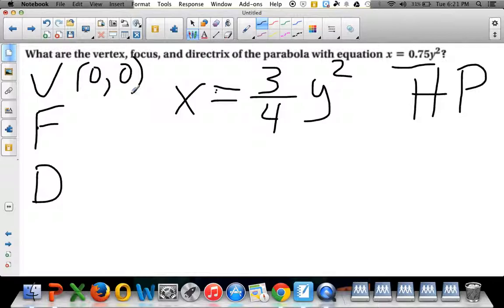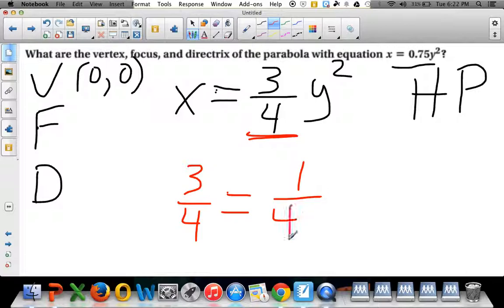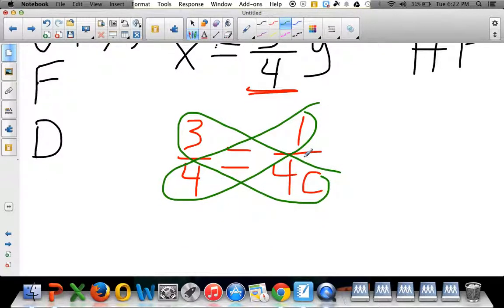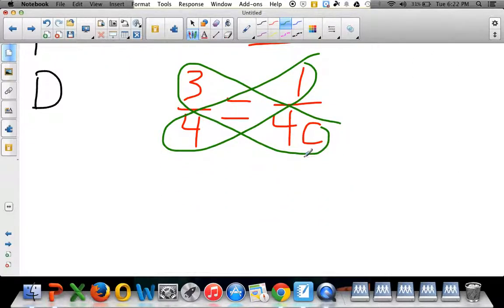Next, I need to find my focus, and I'm going to find my focus by what's in front of the y squared. So I'm going to set 3/4 equal to 1 over 4c. And I'm going to cross multiply. Doing this, I will find my focus, and knowing what my focus is will give me my directrix.